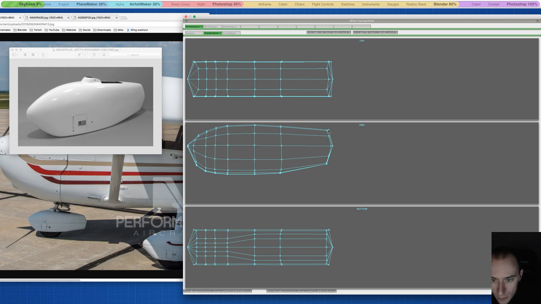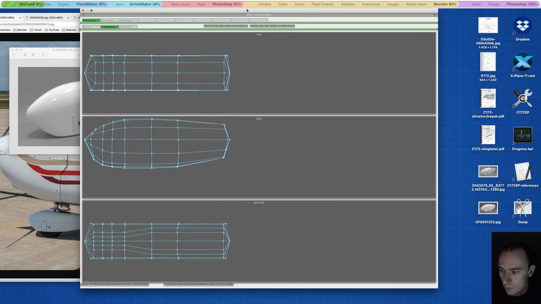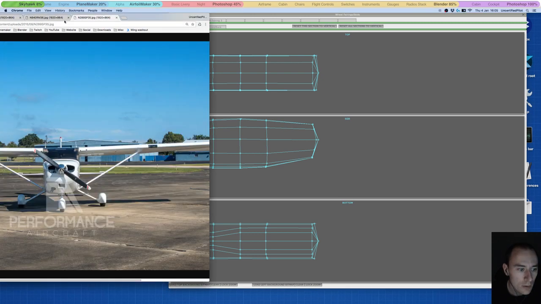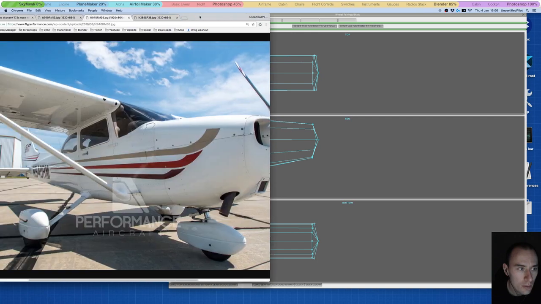Yes. This should all be changed as well. Yeah, so the side is good. Now let's do the top. Did I?